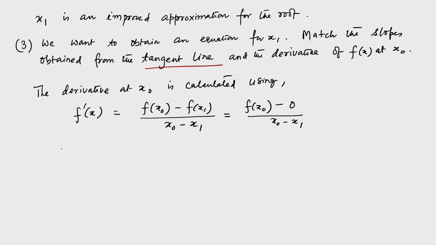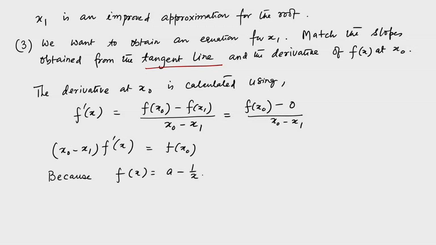So, this is fine. Now, I just do a cross multiplication of this. So, it is x 0 minus x 1 times f prime of x, this is equal to f of x 0. Okay. Now, because I have f of x equal to a minus 1 over x, I can calculate f prime of x is equal to 1 over x square.